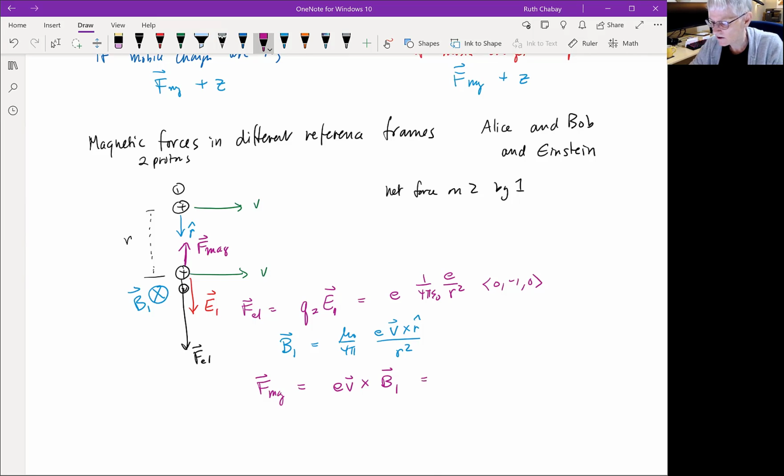And we can calculate this because this is just going to be the magnitude. So the magnitude of the magnetic force is just going to be e v B1 sine of 90 degrees, and the magnitude of B1 we get from the expression above. There's another sine of 90 degrees in there. So we're going to get mu 0 over 4 pi e squared v squared over r squared in the direction 0, 1, 0.